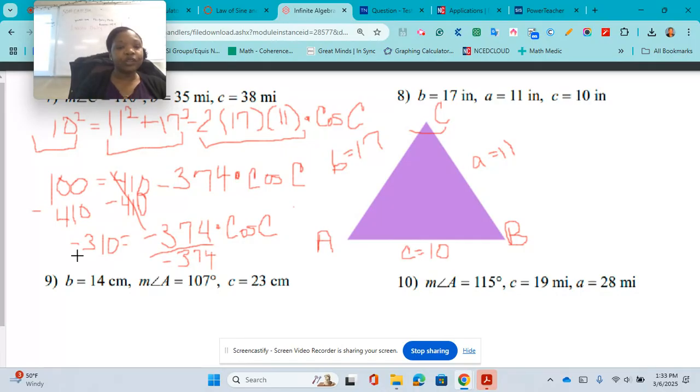What we do to one side, we do to the other. A negative divided by a negative is a positive. So my cosine C equals whatever 310 divided by 374 is. That gives us cosine C.